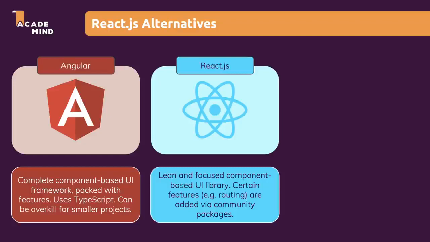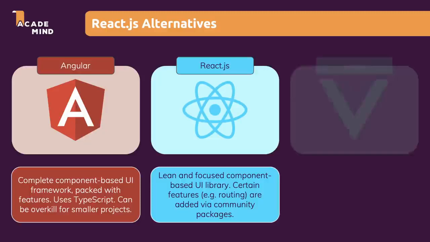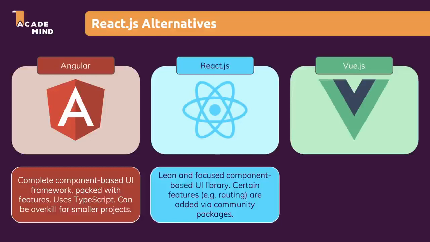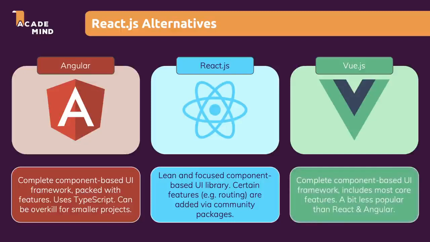And we also have another very popular framework, another popular alternative, and that would be Vue.js. Vue.js is kind of like the mixture of Angular and React, in between those two extremes, if you want to call it like this. It's also a complete component-based UI framework, and it also includes a lot of features, but a bit less features than Angular, but more than React.